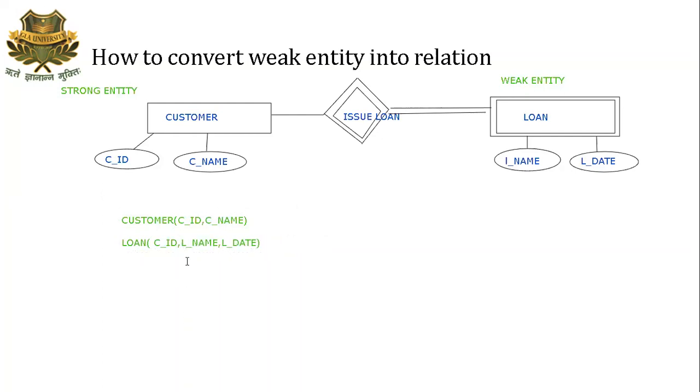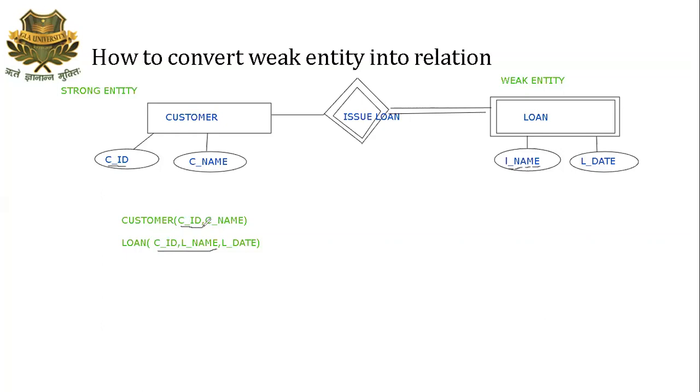So in the customer table, the customer ID is the primary key, and in the loan table, the loan name is the partial key. So for the loan table, the customer ID and loan name together will be treated as the primary key, and in the customer table, the customer ID will be treated as the primary key, right?